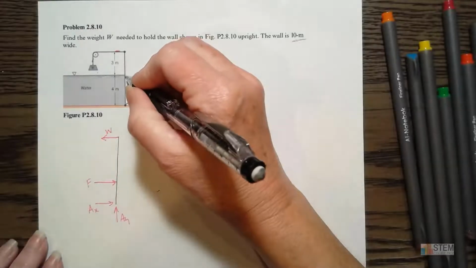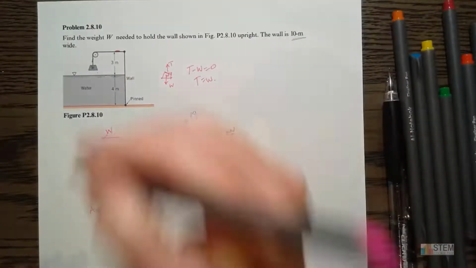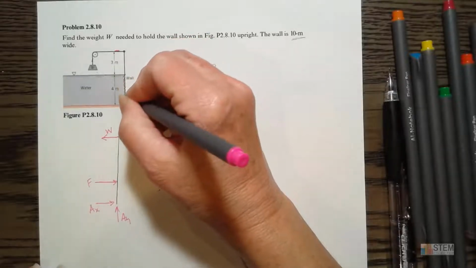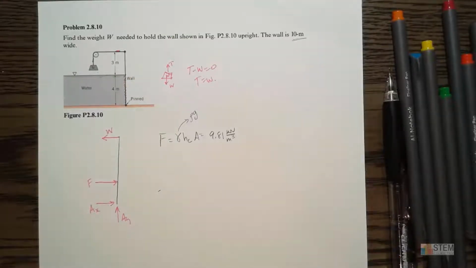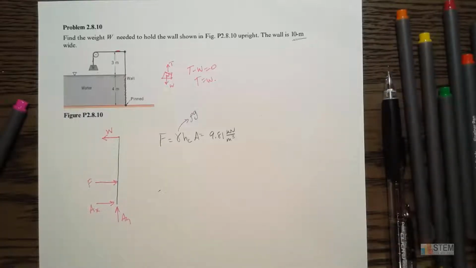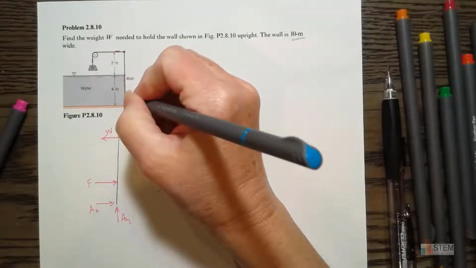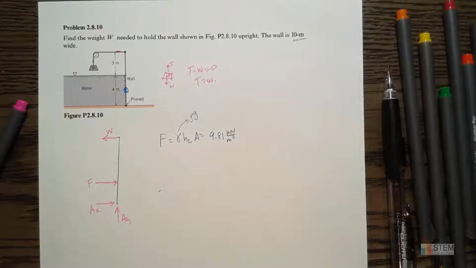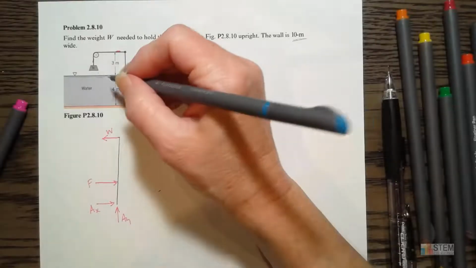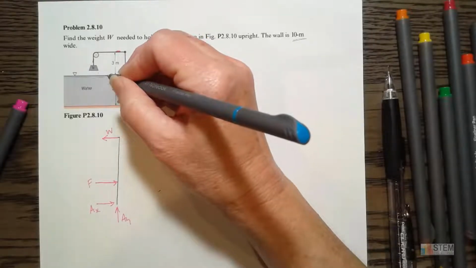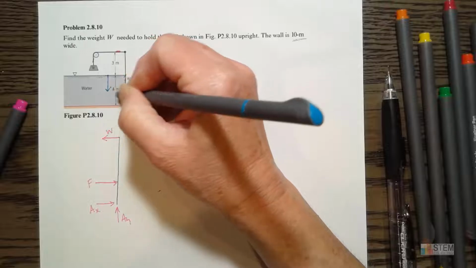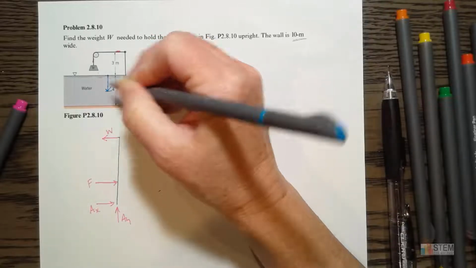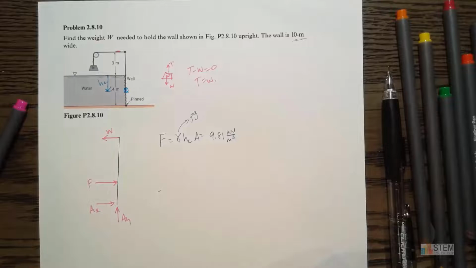So this right here is the region that's touching the water. And the centroid of that region is going to be right in the middle. So HC is the distance from the top of the water down to that centroid location.